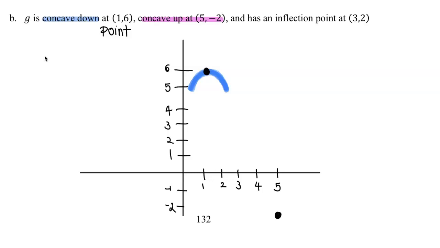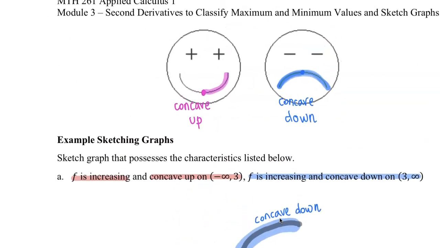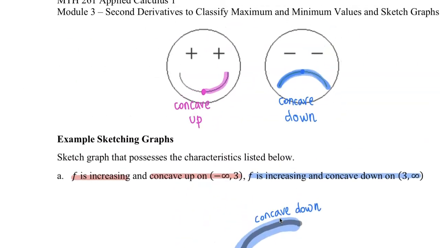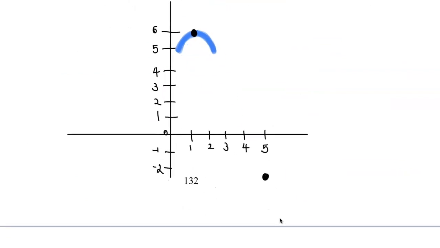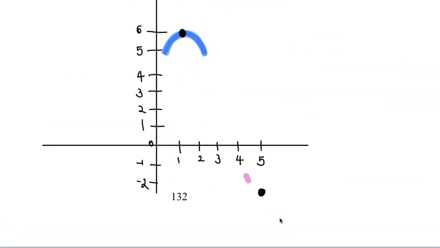Sorry, I need to do this. Now I do want to plot a concave up graph down here. Let's see, what does concave up look like? Concave up is a regular U-shaped graph like this. Okay, so I'll copy that on this point. Okay, that's good. Now what else?